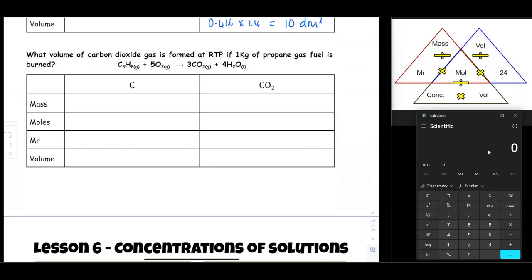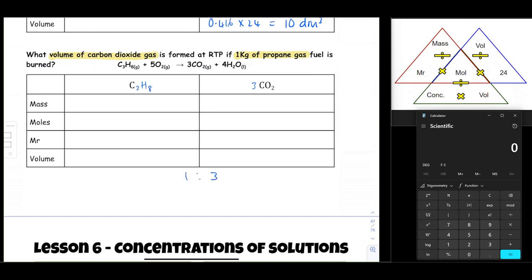So last but not least, what volume of carbon dioxide gas is formed at RTP if 1 kilogram of pure propane gas fuel is burned? So again, we just plug in what the question tells us. This is C3H8, and the ratio is 3 CO2, so I've got a ratio of 1 to 3.